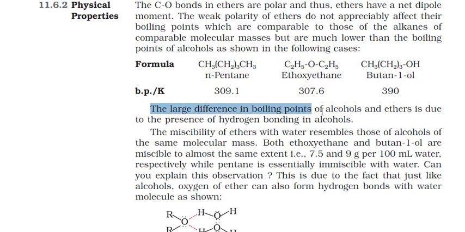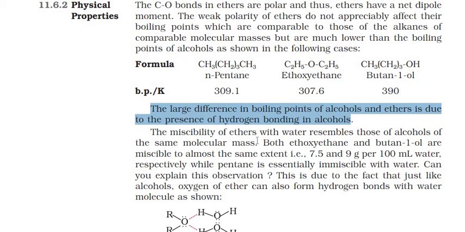The large difference in the boiling point of the alcohol and ether is due to the presence of hydrogen bonding in the alcohol. That is the reason which is actually responsible, because the hydrogen bond is comparably stronger than the bond which is present in the ether. So you need more energy to break the bond if you want to break it.